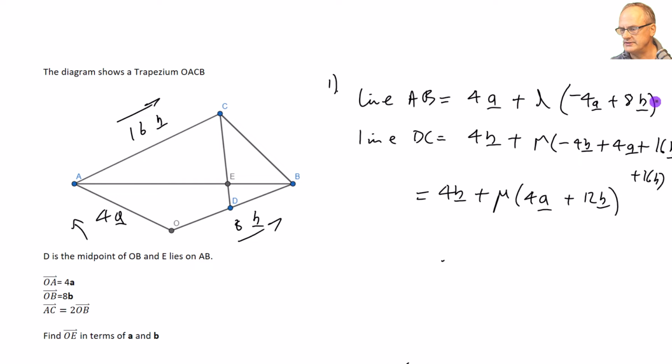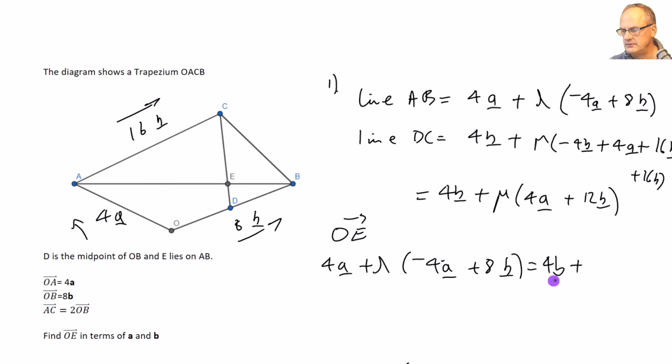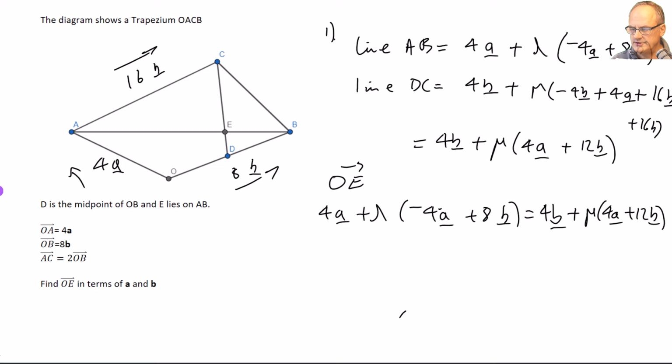So what I'm going to do is equate this equation to this equation, because OE must be on this line and OE must also be on that line. So these two must be equal. To find OE, we need to find the point where 4A plus lambda times minus 4A plus 8B is equal to 4B, this equation, plus mu times 4A plus 12B. What we do is we equate all the A's.